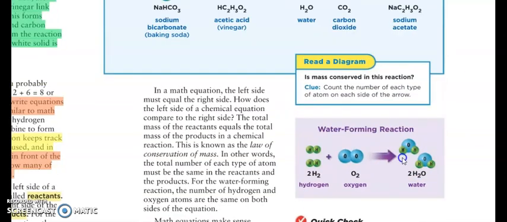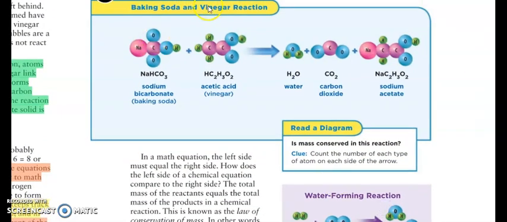Another example, the baking soda and vinegar reaction: the reactants in this equation are sodium bicarbonate, or baking soda, and vinegar. These are the reactants, and the products are water, carbon dioxide, and sodium acetate.